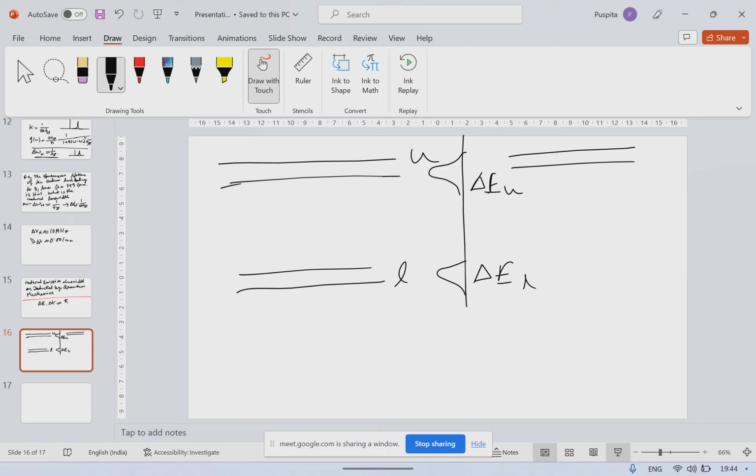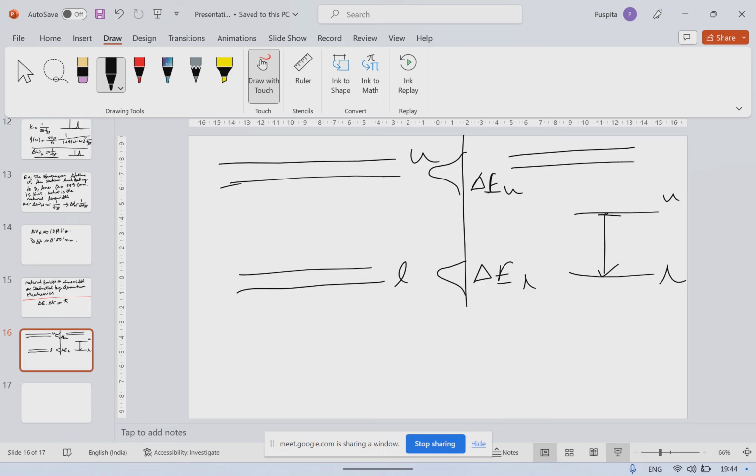When there are only two discrete energy levels, there is a transition from the upper level U to the lower level L, so only one frequency.